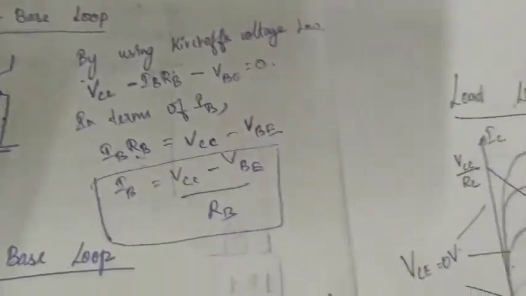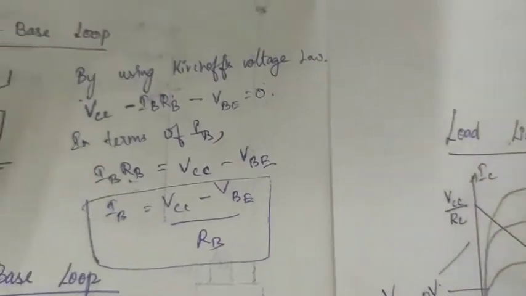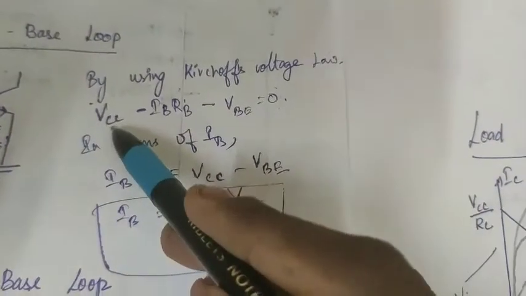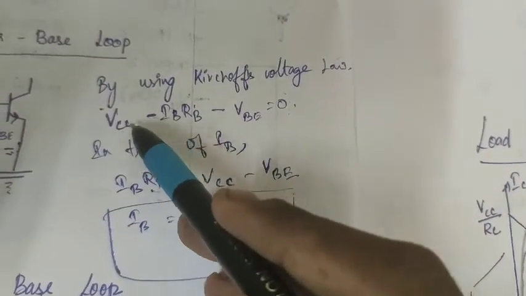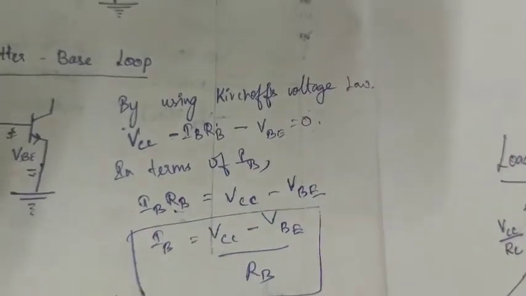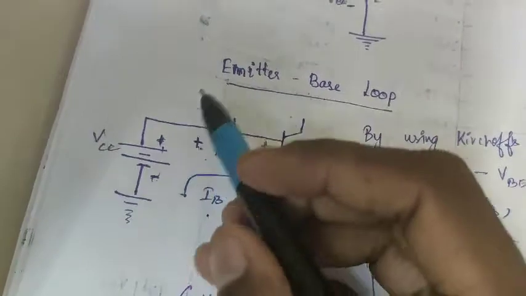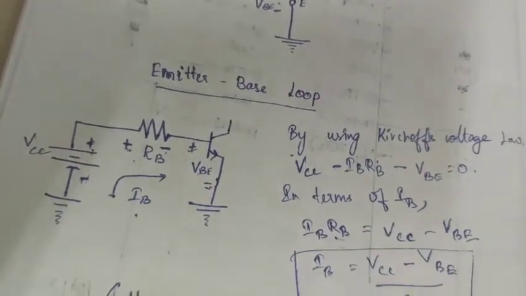By using Kirchhoff's voltage law, I have derived VCC minus IBRB minus VBE equal to 0. How? Just note it down. Minus to plus usually goes potential rise.